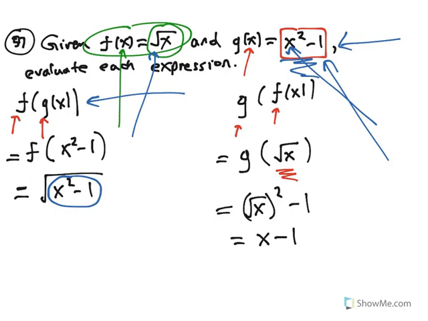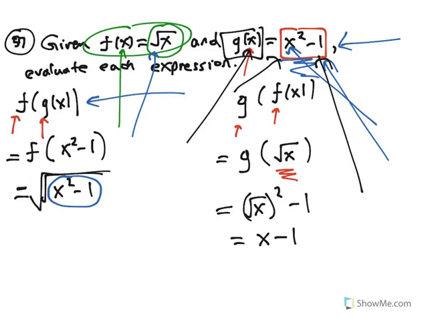There are some output values from the function g that f cannot take as input values. So what that means is there are some values of x for which g of x will be negative, and you cannot take the square root of a negative number.